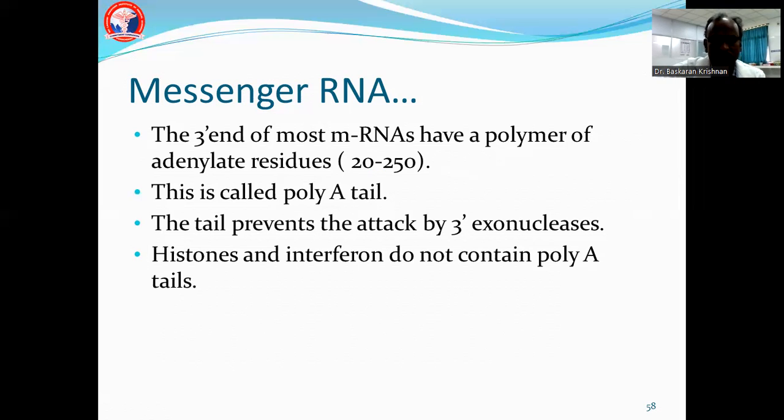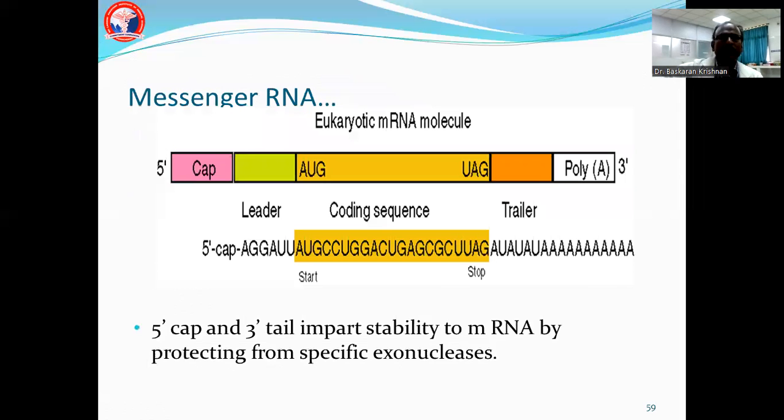This also protects the messenger RNAs from exonucleases. Histone mRNAs and interferon mRNAs do not have poly-A tails. So this messenger RNA has the 7-methyl guanosine triphosphate cap and the poly-A tail.